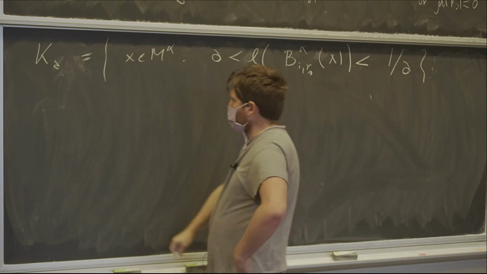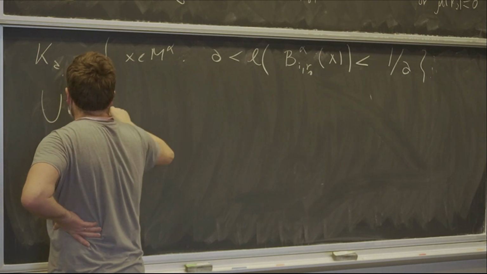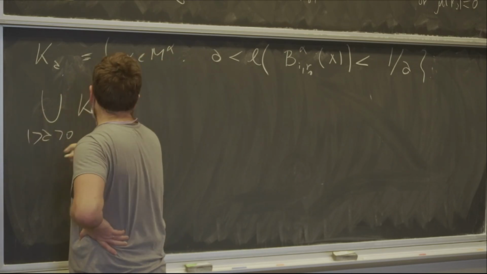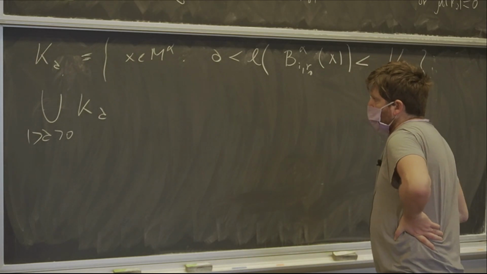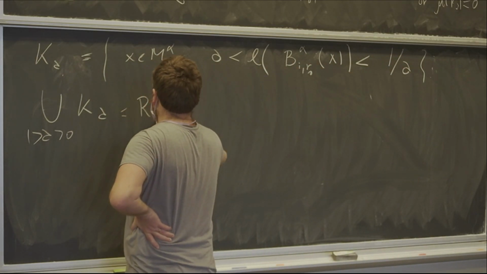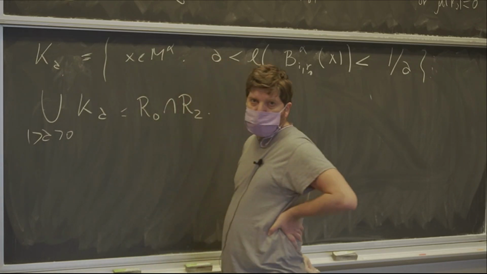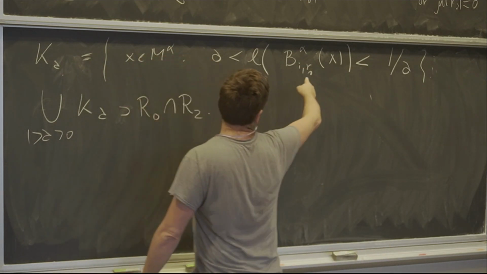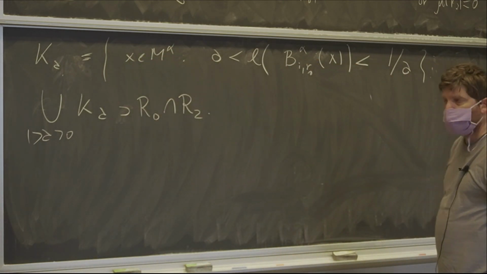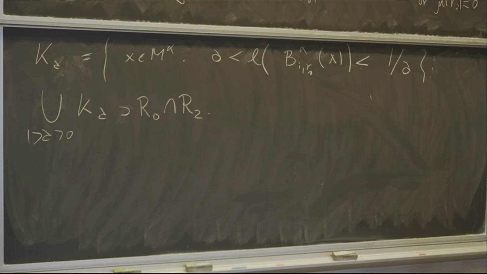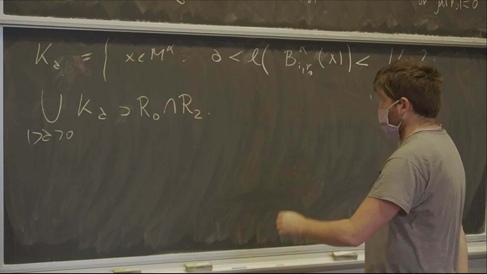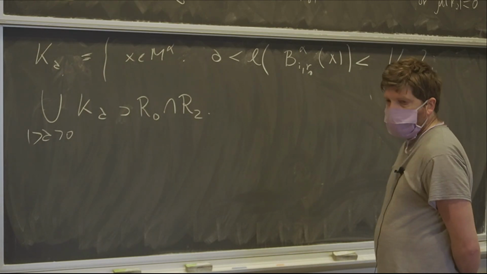And the claim is that the union of K_a, a positive, smaller than 1, because I'm assuming a is smaller than 1, is larger because I'm only caring about the size r naught. And r naught is whatever size is fixed. It's really quite irrelevant. We could take r naught equal to 1, that will do.